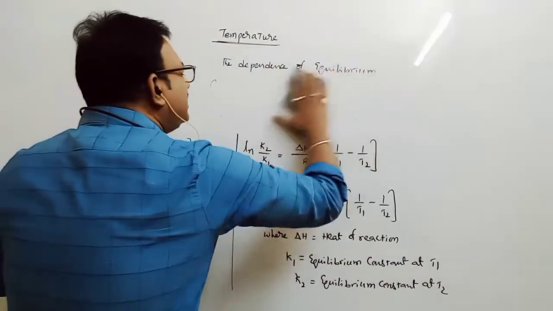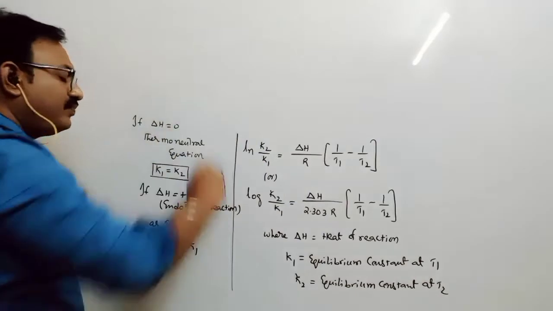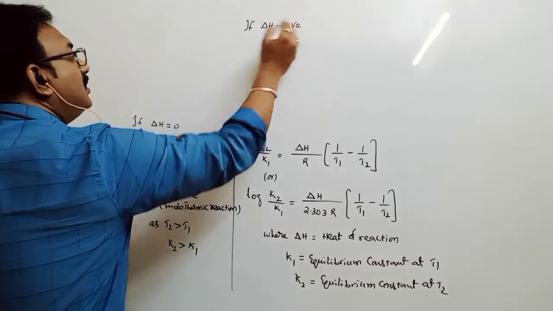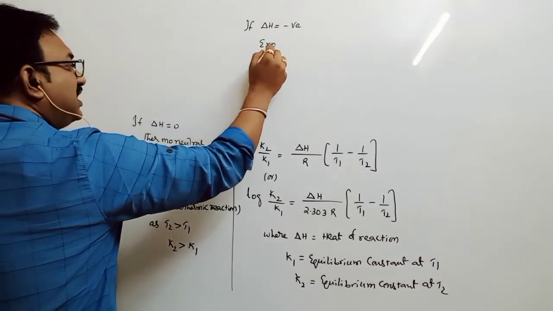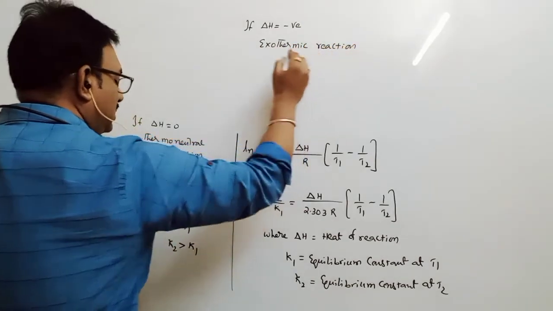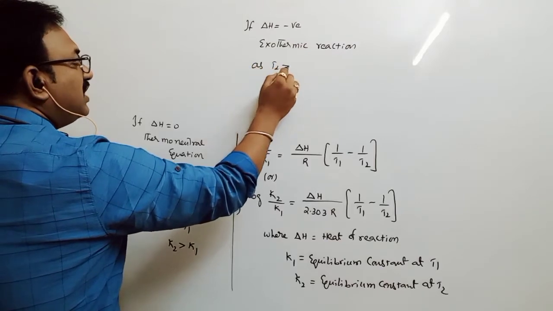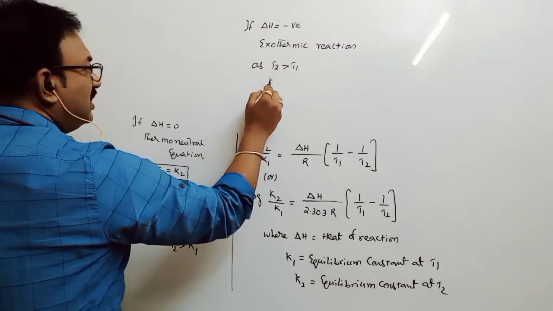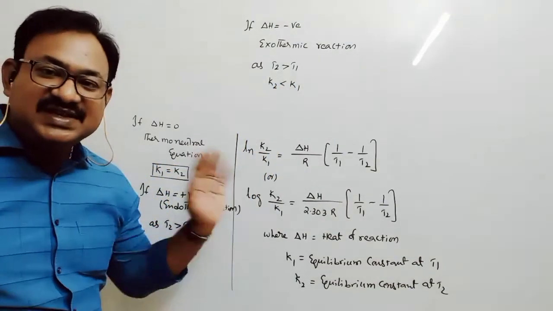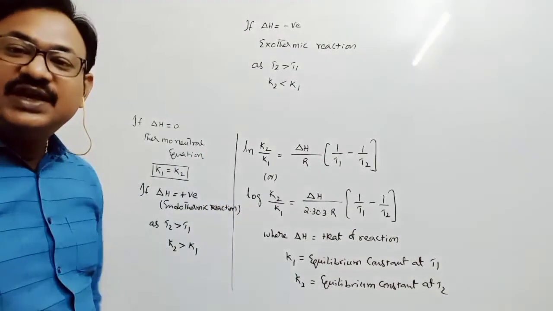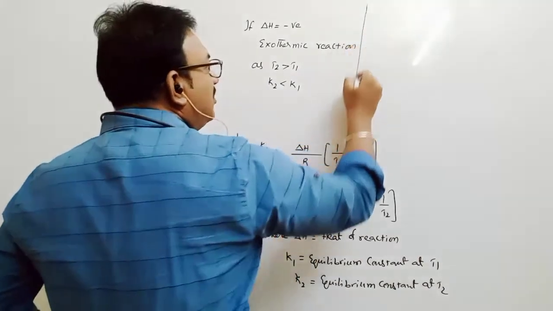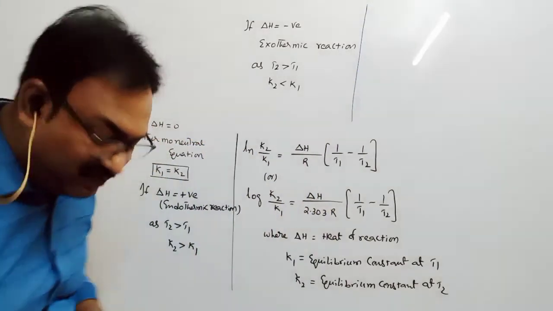Okay. So coming to one more condition. If del H is negative, that means it is an exothermic reaction. In this case, as T2 greater than T1, as the temperature increases, K2 less than K1, the equilibrium constant value decreases. Clear? So here you have to write the two important conditions.